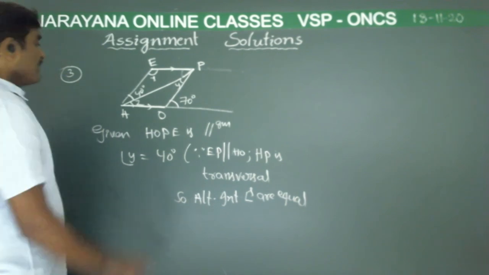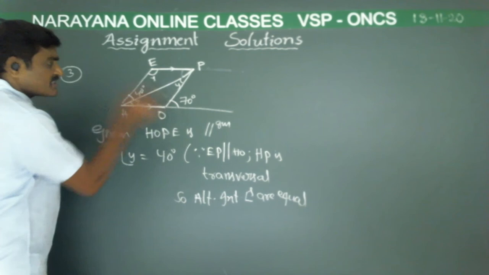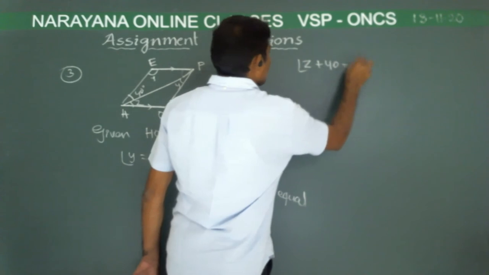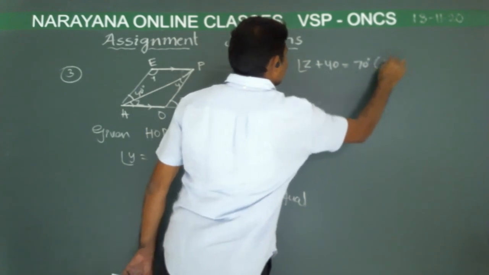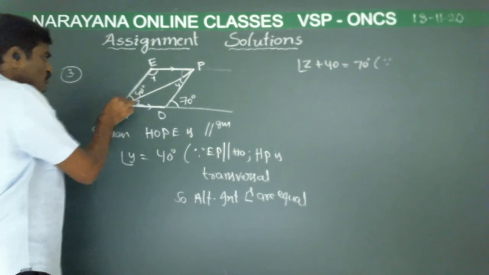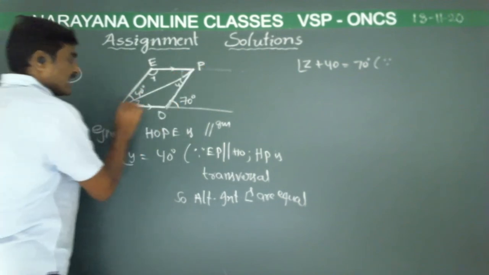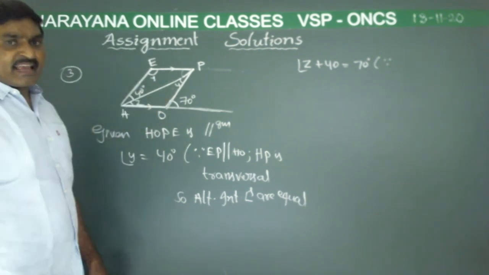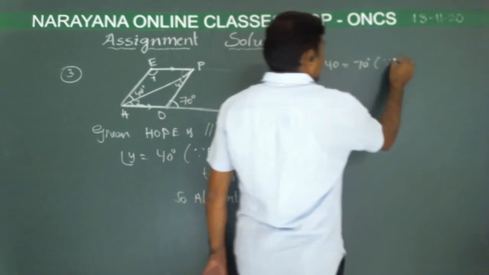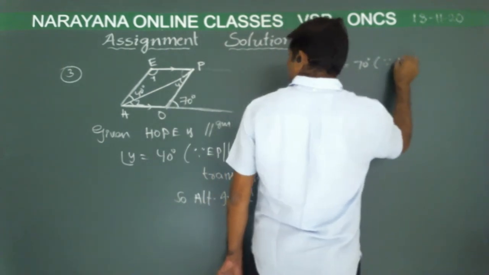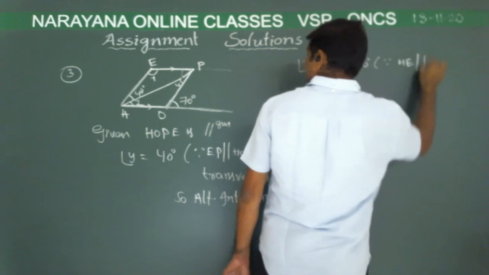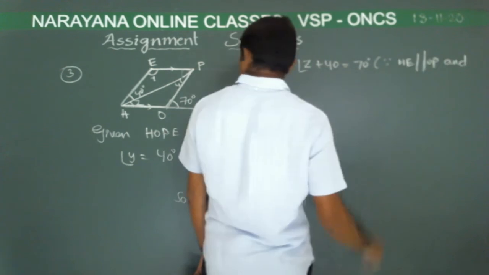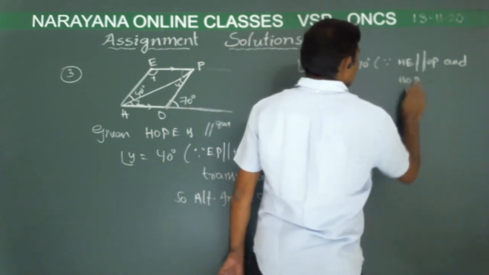Next, angle Z plus 40 is equal to 70 degrees. The reason: these are parallel sides with a transversal, so corresponding angles are equal, or the exterior angle property. What are the parallel sides? HE is parallel to OP, and HO is the transversal.